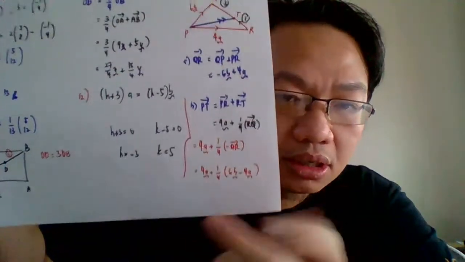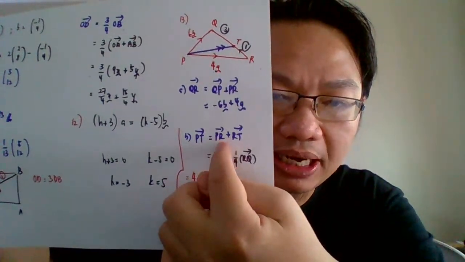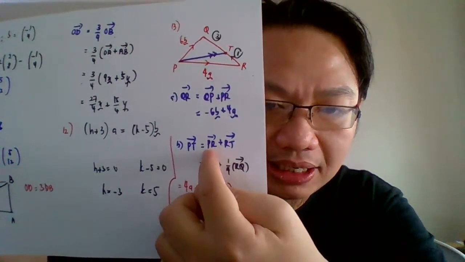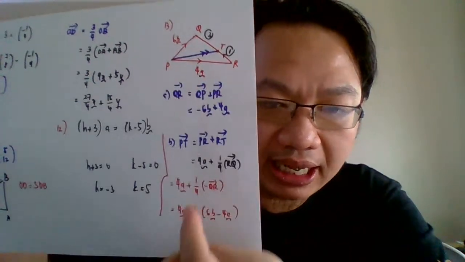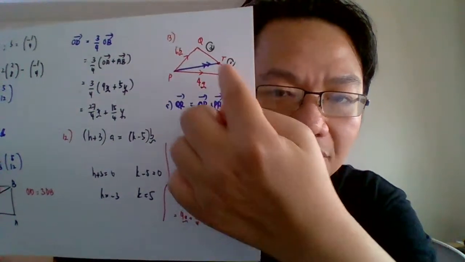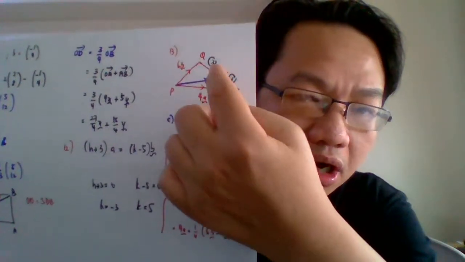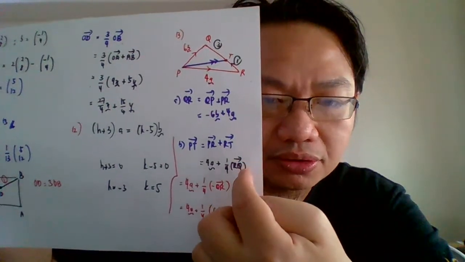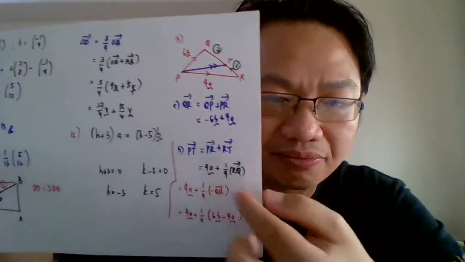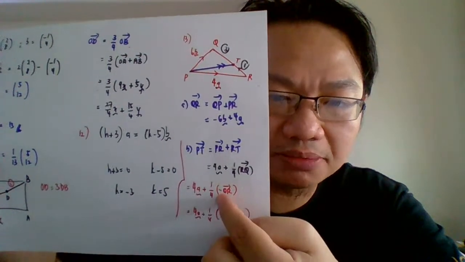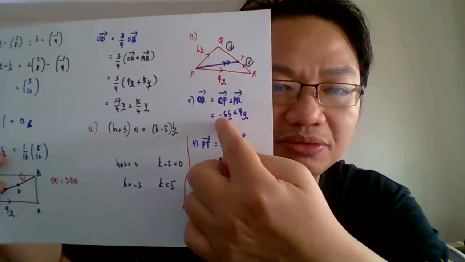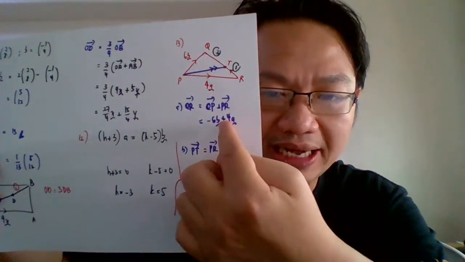So guys, I want to find the PT. PT equals PR plus RT. PR is 4A, and RT is actually 1 over 4 of the RQ vector. RQ equals negative QR because the letters are reversed, so I need to put a negative on the QR. When I put the negative, it becomes positive 6B and negative 4A.